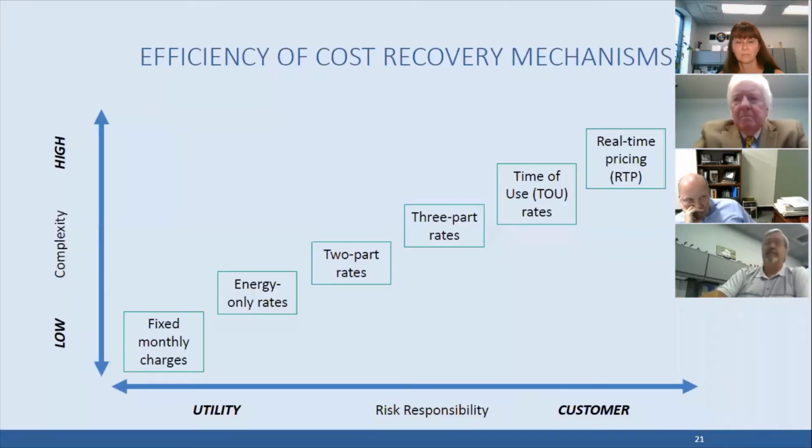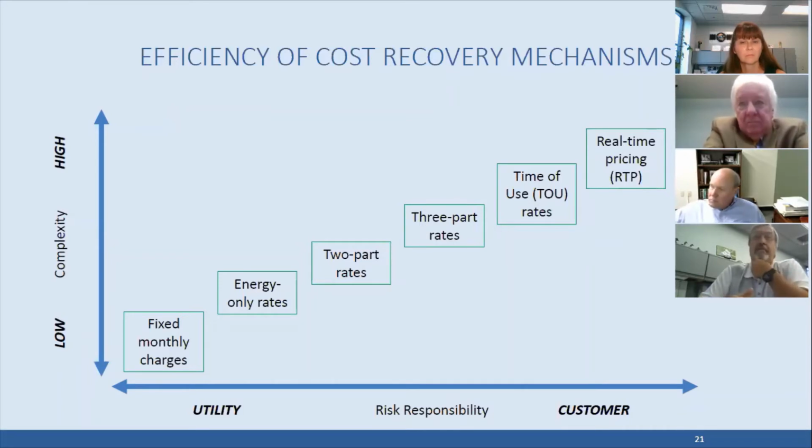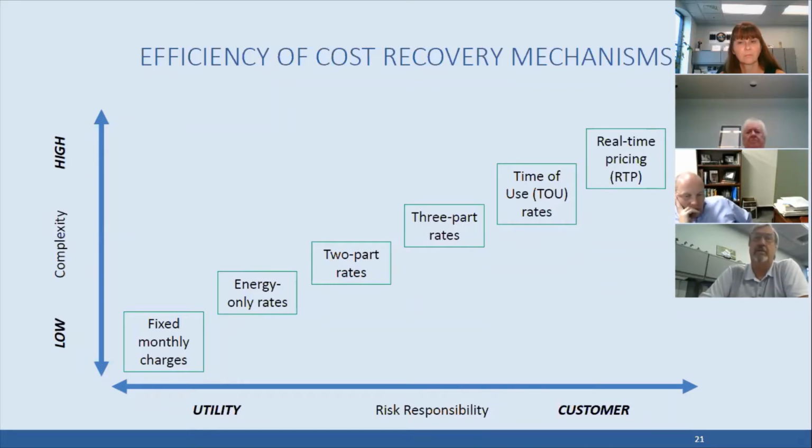Okay, now look at the efficiency of cost recovery mechanisms, and I put some examples of different kinds of charges on a scale of complexity and risk responsibility. And at the bottom left is the fixed monthly charges, and this is a very simple rate design. This would be like monthly rent. Landlord charges a fixed amount every month. The customer knows exactly how much it's going to be every month.